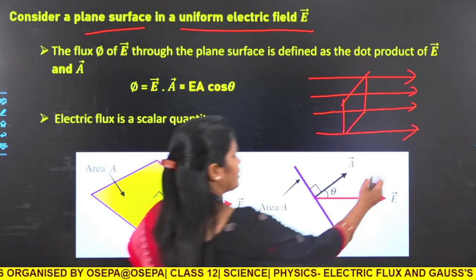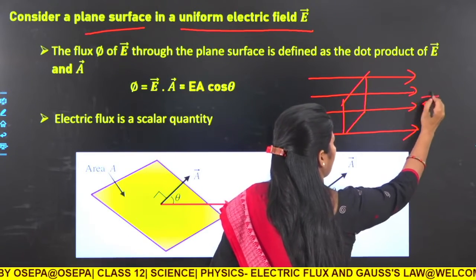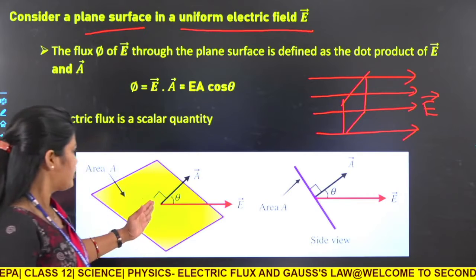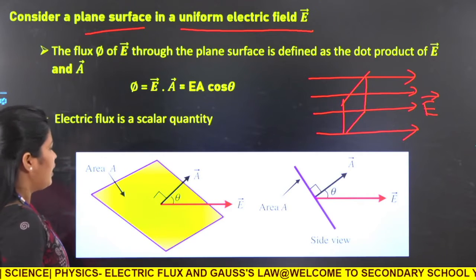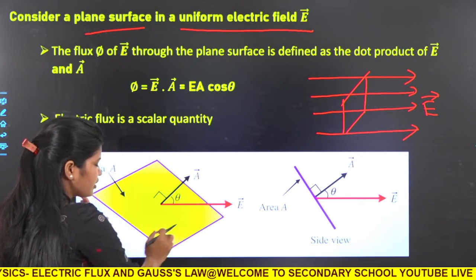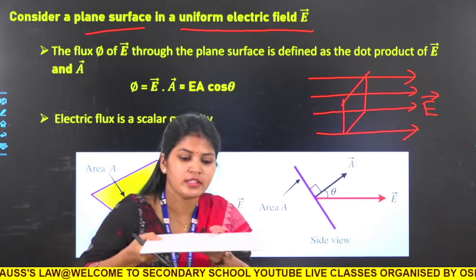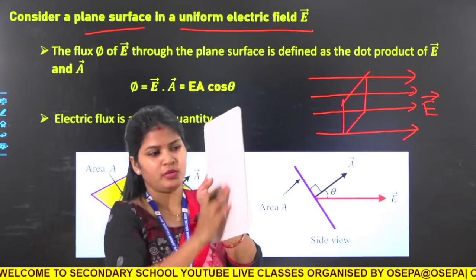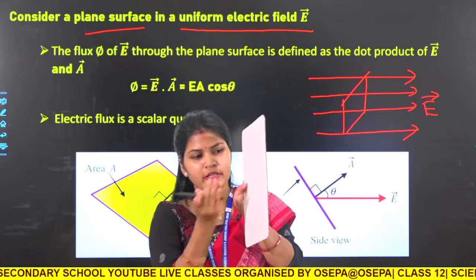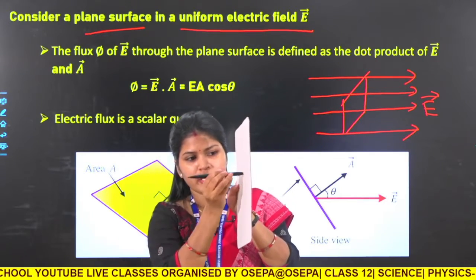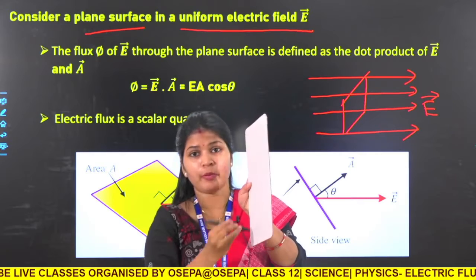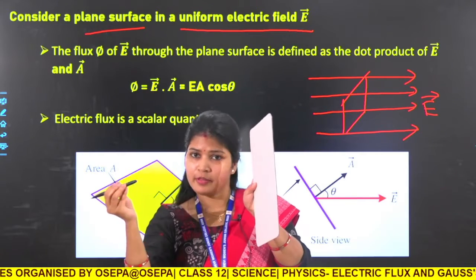This is the uniform electric field and a plane surface is there. Here is the figure, you can see this, this is the surface, and what will be the area vector? The area vector will be in this direction, that is normal or perpendicular to the surface area.